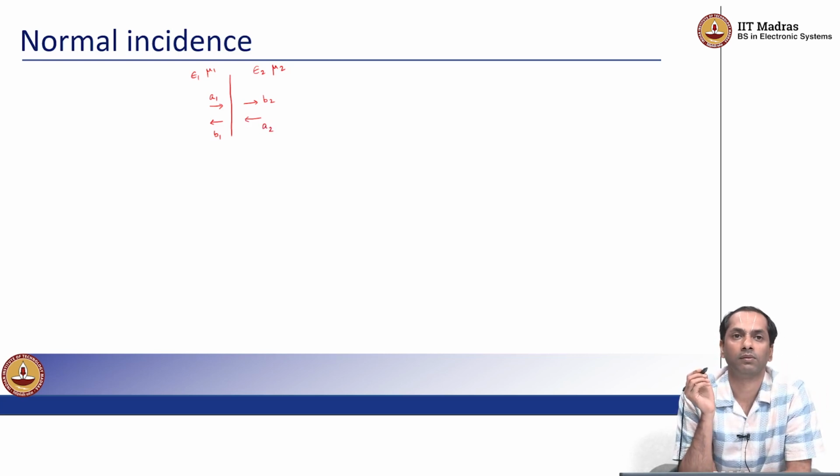Okay. So A or B is not really indicative of electric or magnetic fields, right? But instead they are these wave amplitudes whose square magnitude will give you the power flow in that particular direction shown by the arrow, right?